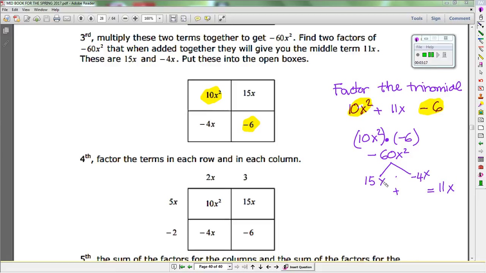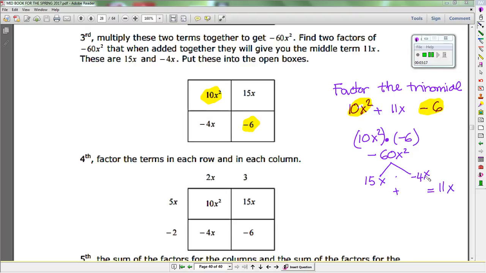If we multiply these two factors, 15x times negative 4x, that gives negative 60x squared. Also, if we add them up, that gives us positive 11x.